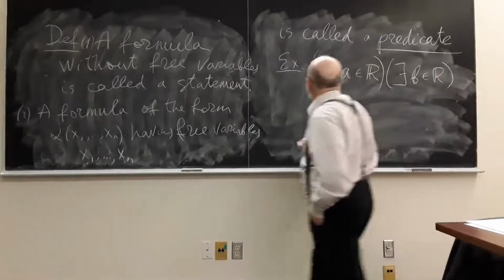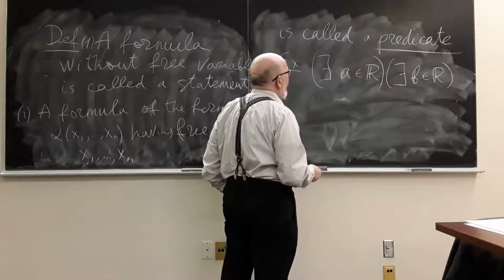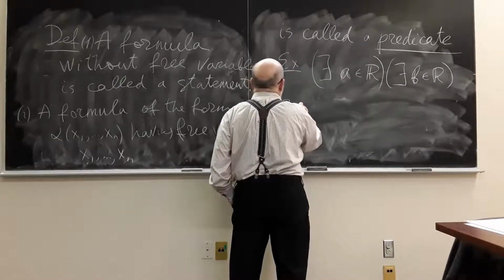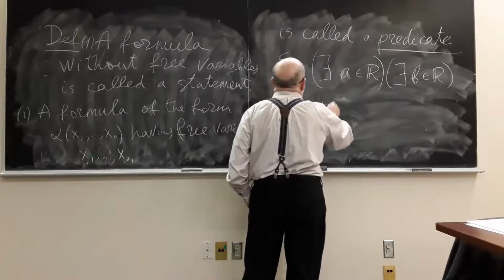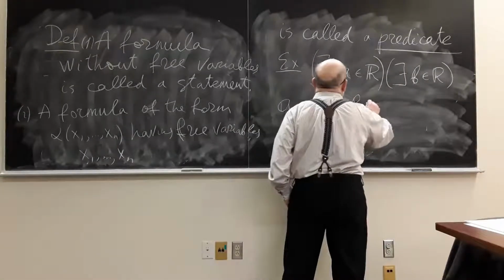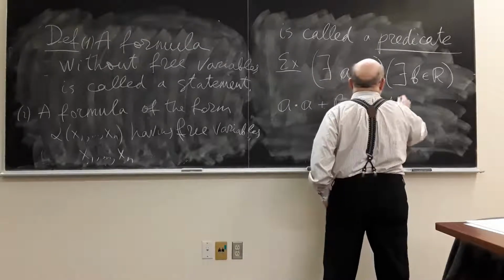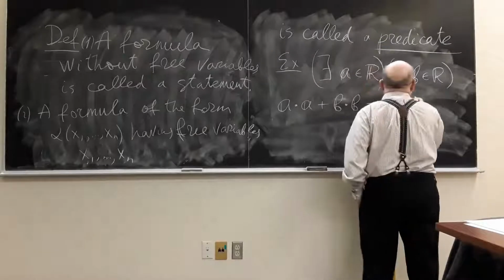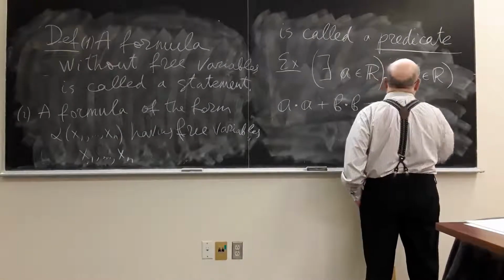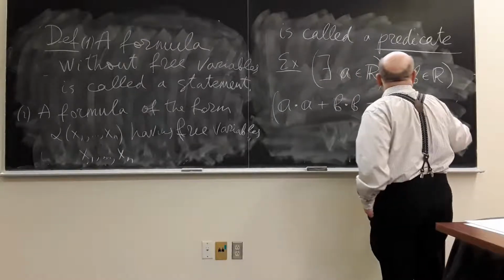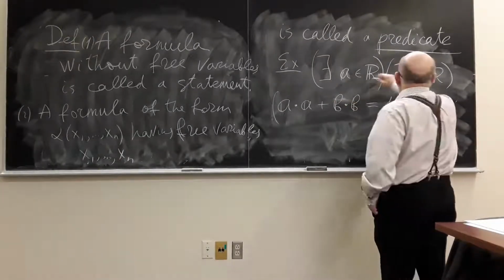Now I go further, such that A times A plus B times B equals, say, 101. Let me put it in brackets. So this is a continuation of this formula.